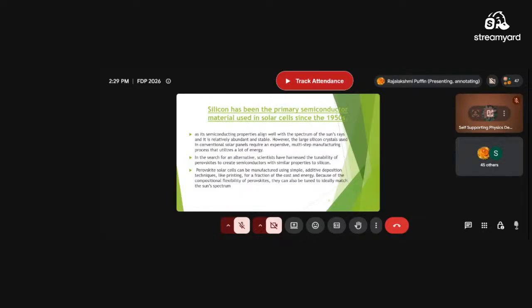And silicon, as I said, has been the primary material since the 1950s. Without silicon, we cannot do anything else. Even though we can add other materials, we cannot fully negate silicon.